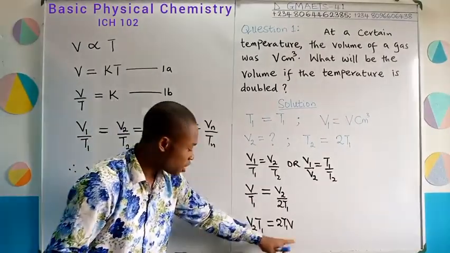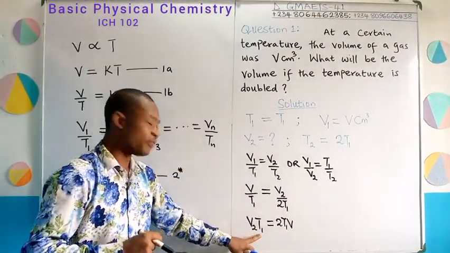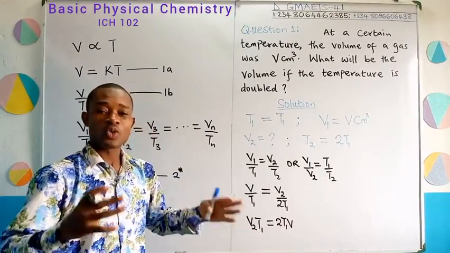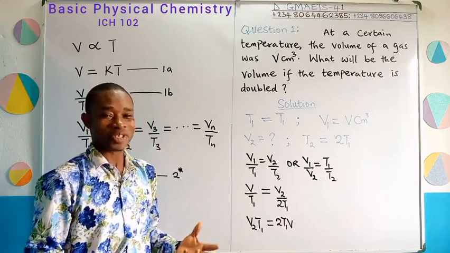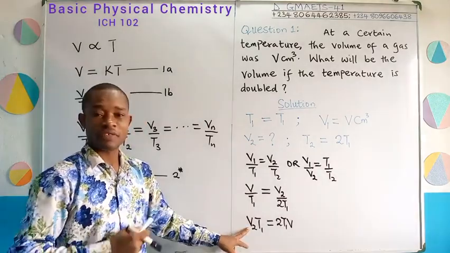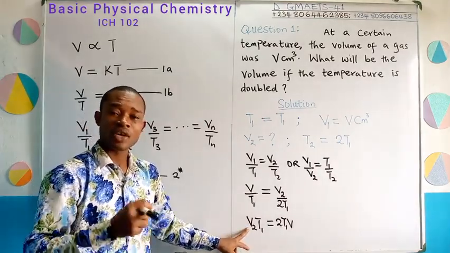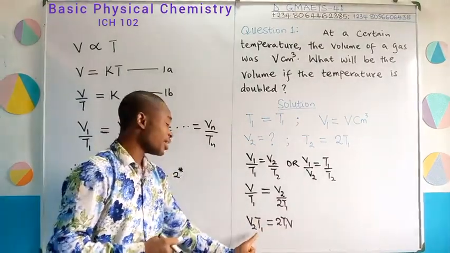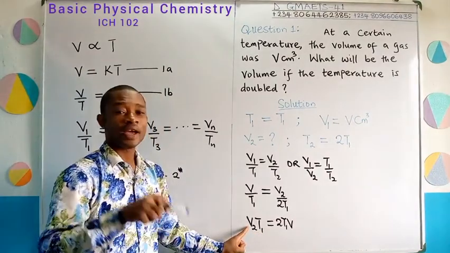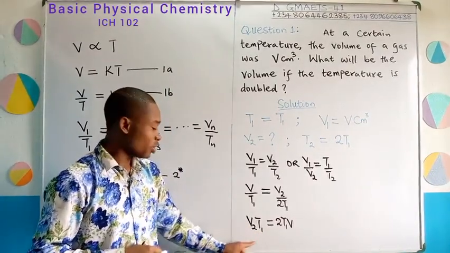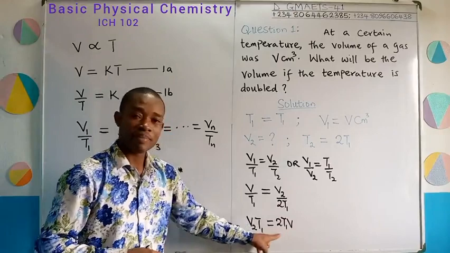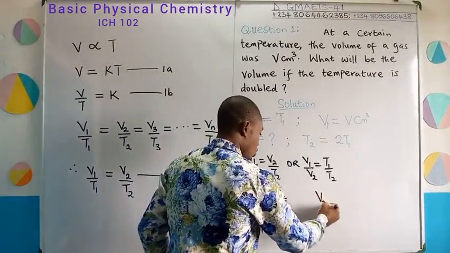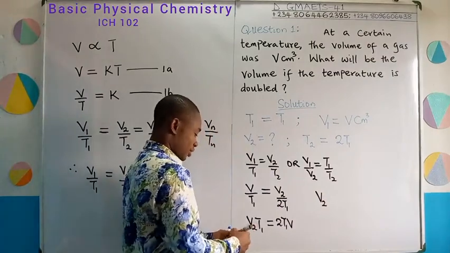Now looking at this equation, V2 has a coefficient. V2 is being multiplied by T1. Simple equation says, according to its principle, to make V2 subject of the formula, and V2 here has a coefficient, we have to divide both sides of this equation by the term multiplying V2. Therefore, I'm going to divide both sides by T1.